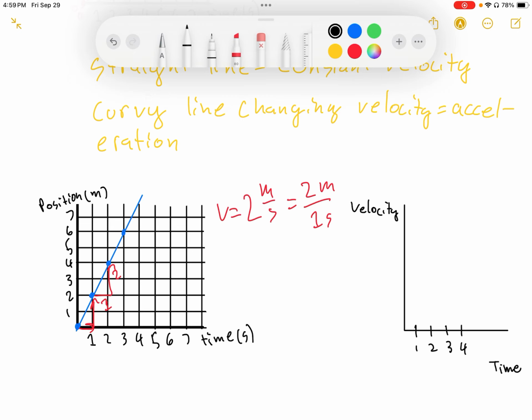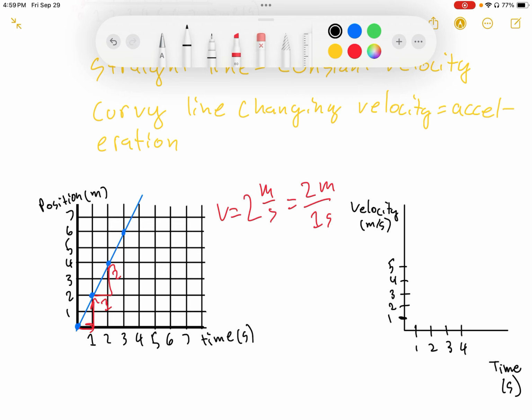And how fast was I going? This is in meters per second, and time is in seconds. 1, 2, 3, 4, 5, whatever.